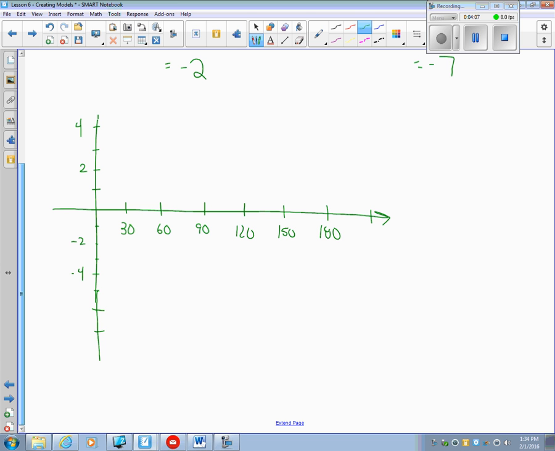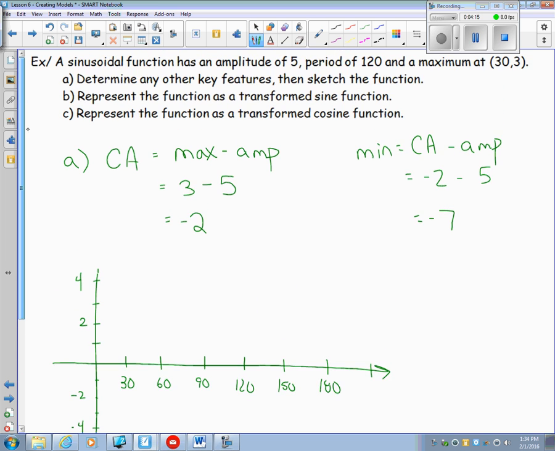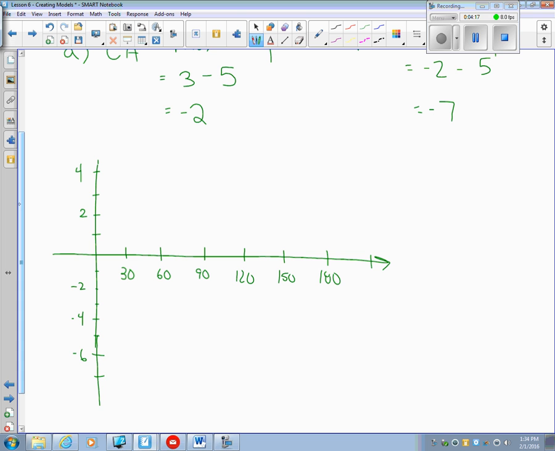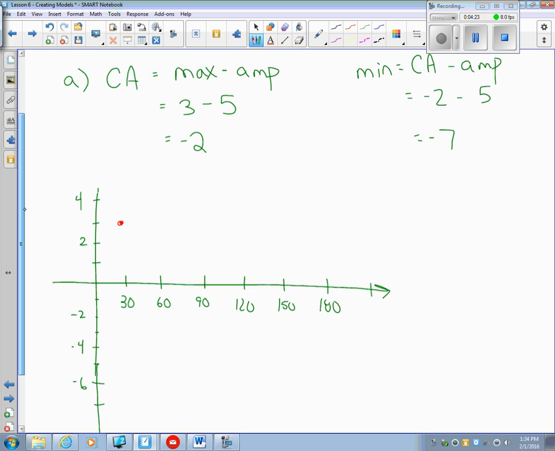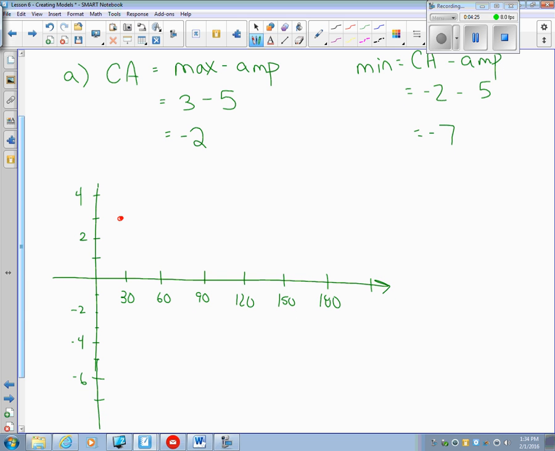Okay, what do I know for sure? I was told we have a maximum at (30, 3), so there's a dot right there. I was told that the period is 120, which means in 120 degrees more, I'll be back to where I started. So 30 plus 120 makes 150.